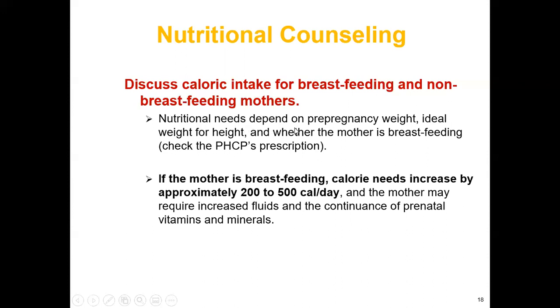Nutritional needs depend on pregnancy height, ideal weight for height, and whether the mother is breastfeeding or not. If the mother is breastfeeding, calorie needs increase by approximately 200 to 500 calories per day. So total calories, we have to encourage 2,700 to 2,800 calories.